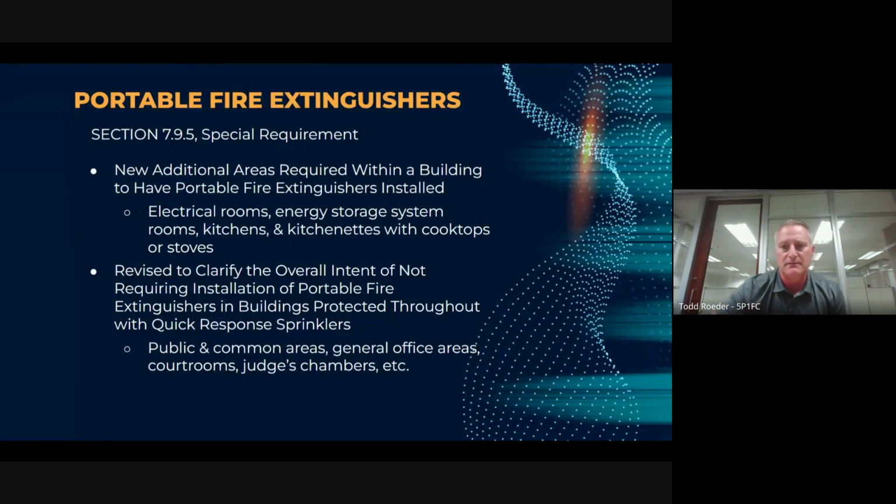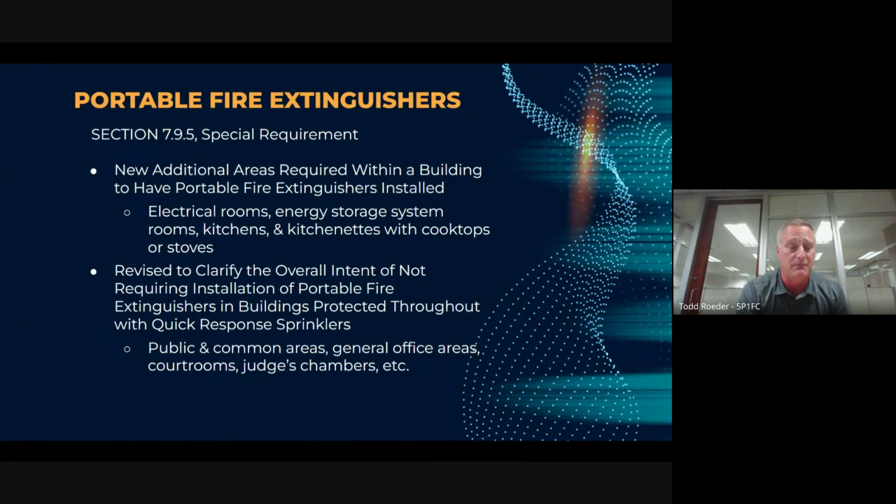In addition, this section was revised to clarify the overall intent of not requiring portable fire extinguishers in public and common areas, general office areas, courtrooms, judges' chambers, generally the support space of these buildings.